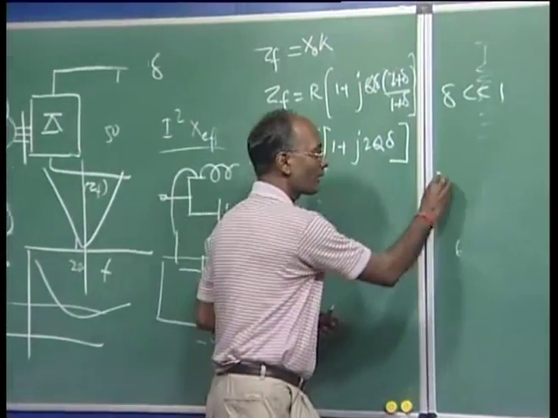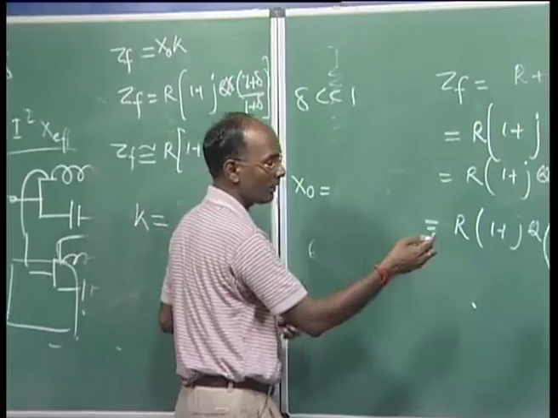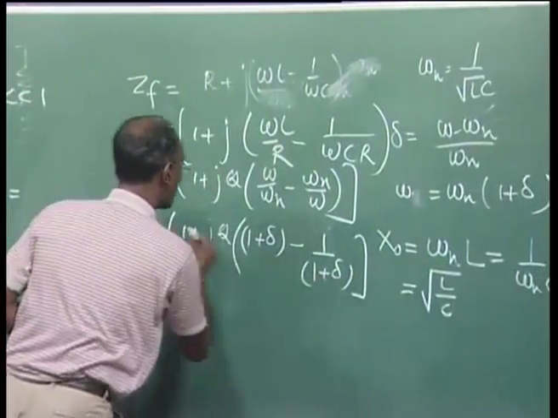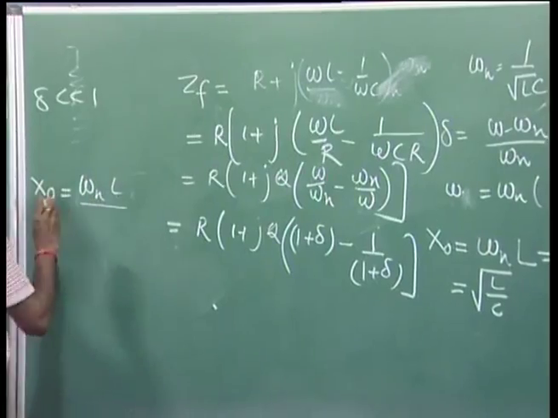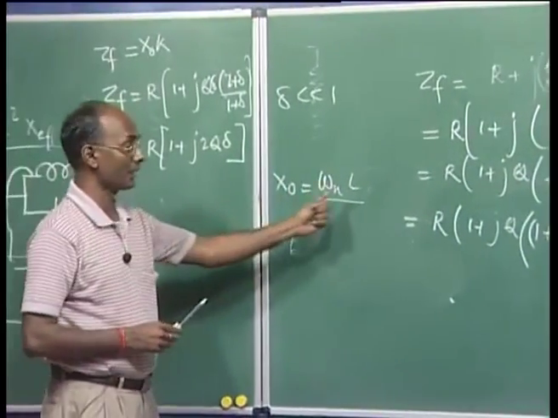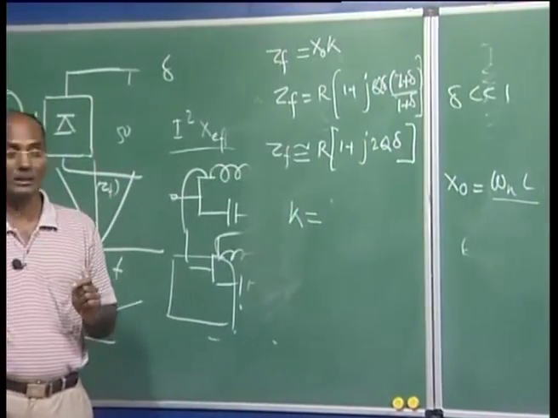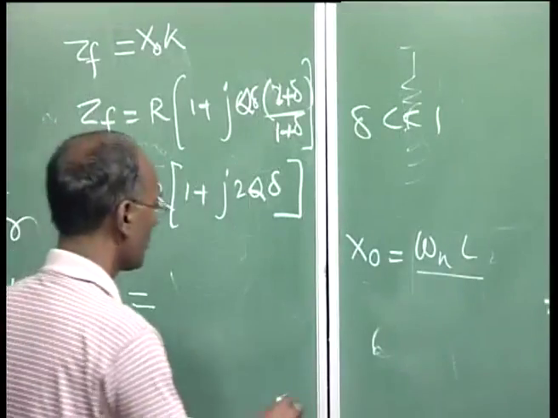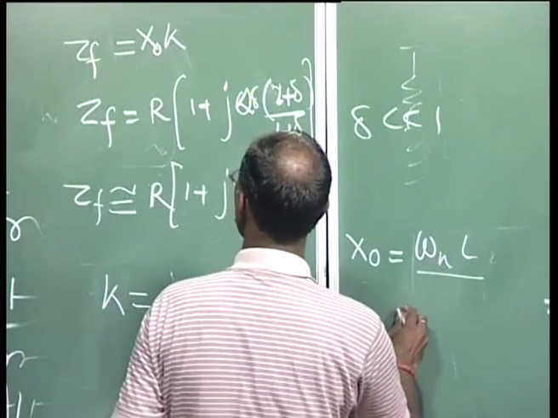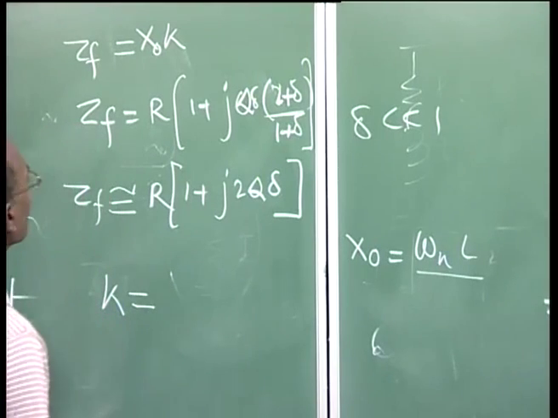Your x naught, we can take this value in terms of omega n L, but mind it, I don't want to use this L and C in this simplification. R can be there, no doubt. What will be this value? Can we write something here in terms of x?